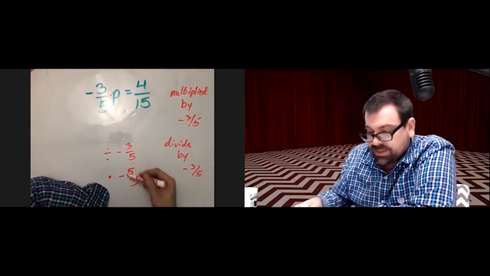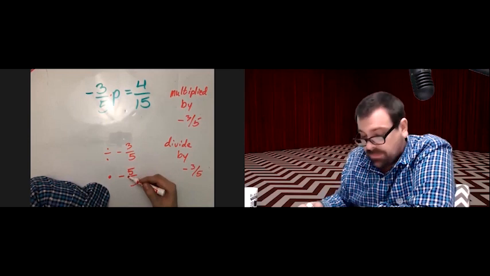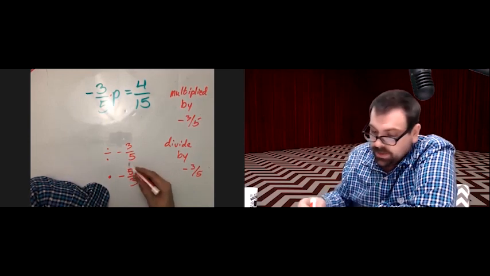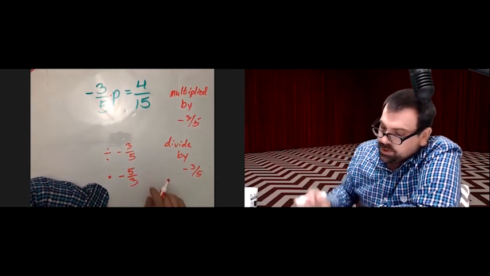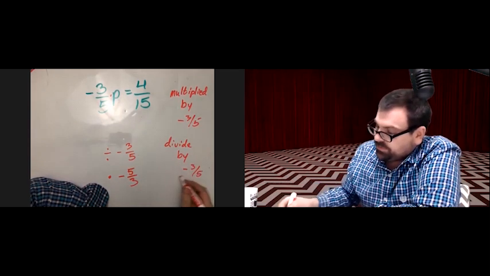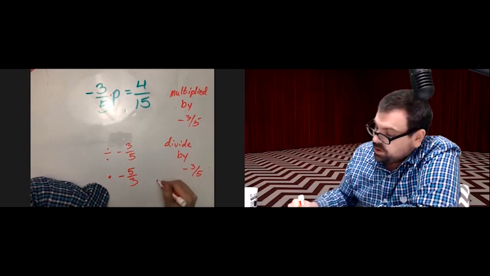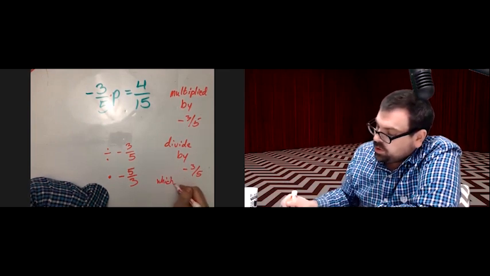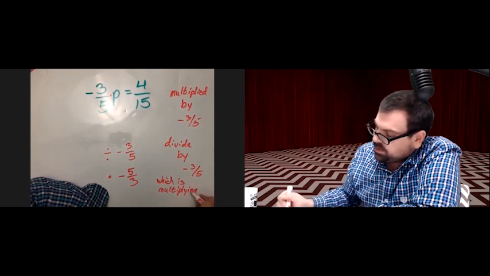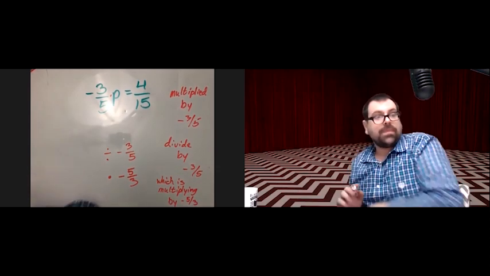Notice the reciprocal doesn't change the fact that it's negative. So we need to divide by -3/5, which is multiplying by -5/3.